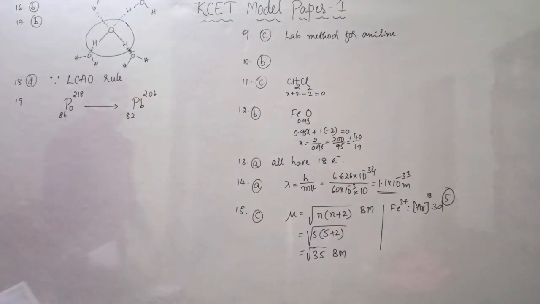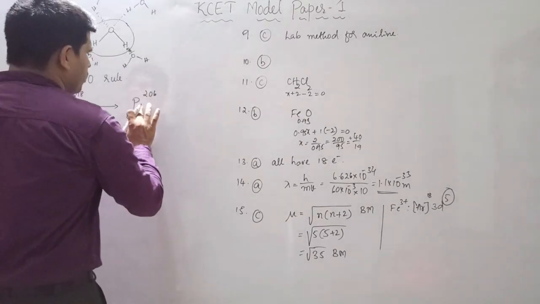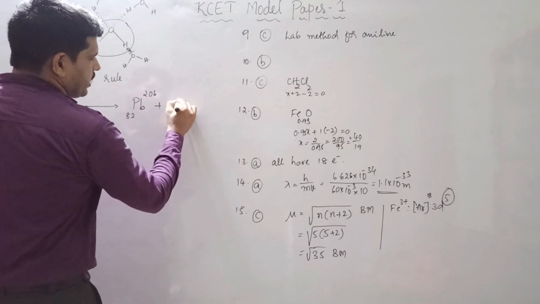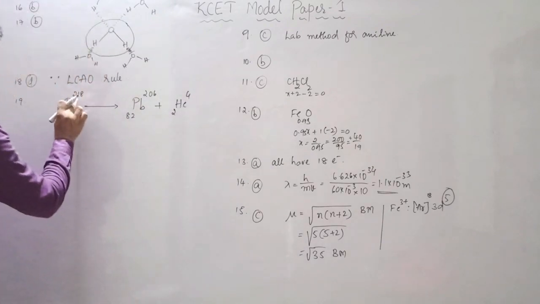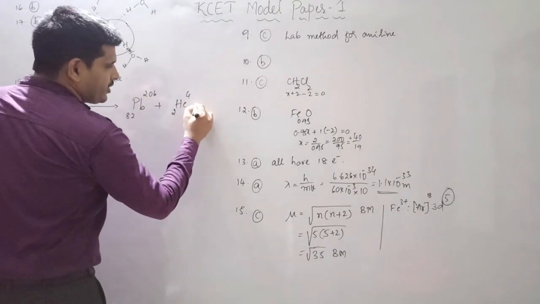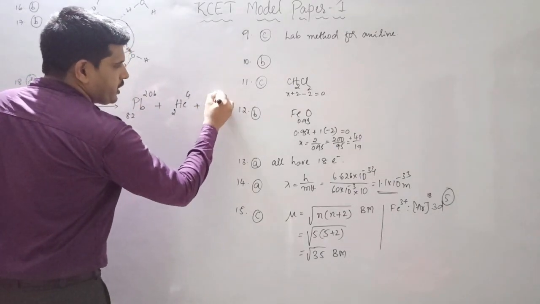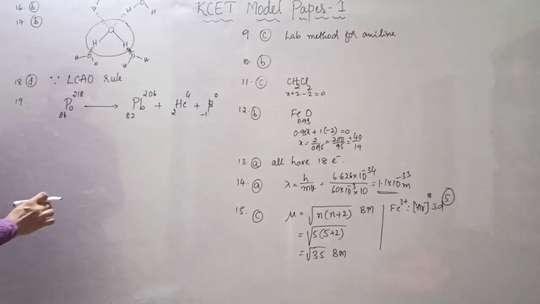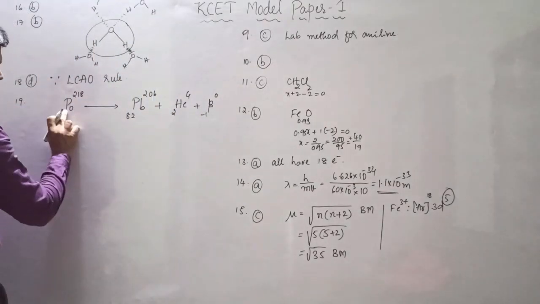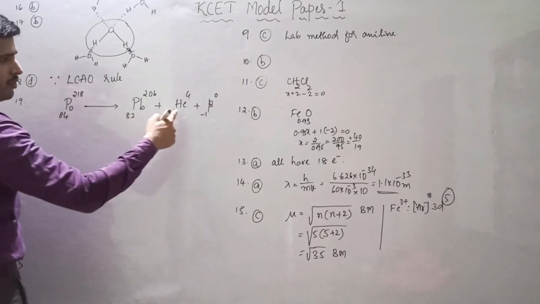Now how many alpha particles? Alpha particle is nothing but a helium nucleus. So let me write that, plus helium, He 4 2. Now to balance the mass, see, because the other is beta particle, and you know beta particle has got 0 mass and -1 charge, electron it is. Am I right? Now to balance this atomic number, you have alpha particle 2.